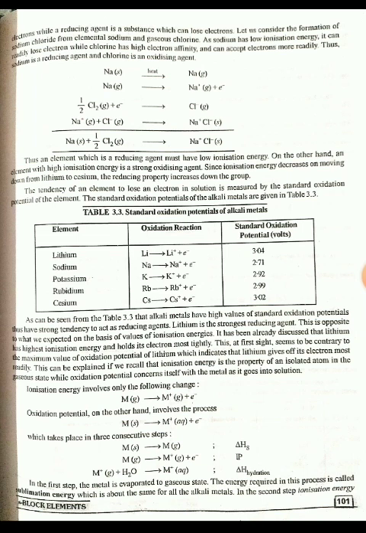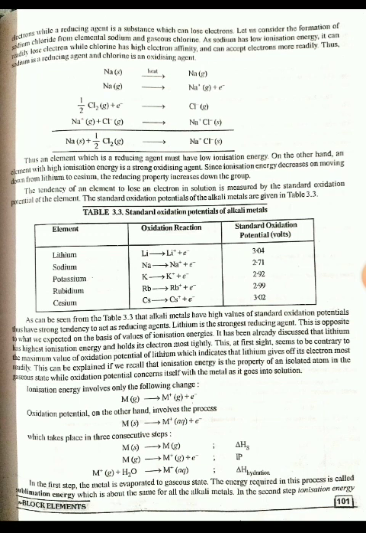This can be explained if we recall that ionization energy is the property of an isolated atom in the gaseous state, while oxidation potential concerns itself with the metal as it goes into solution. Ionization energy involves only the following change: metal in gaseous state gives metal positive plus electron.